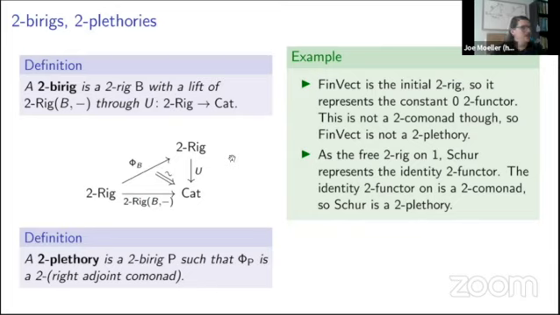And then just as polynomials in one variable was the ring on one generator, the free 2-rig on one generator is Schur, and that's going to be a 2-plethore, in fact, and it represents the identity 2-functor. So everything is happening exactly as it did in the ring world. And the identity 2-functor is a comonad, and so that's saying that Schur is a 2-plethore.